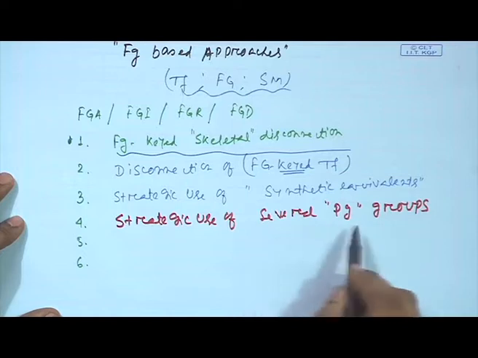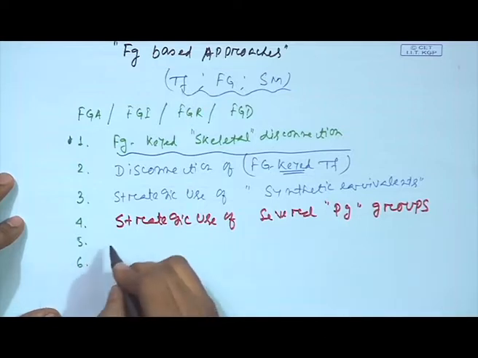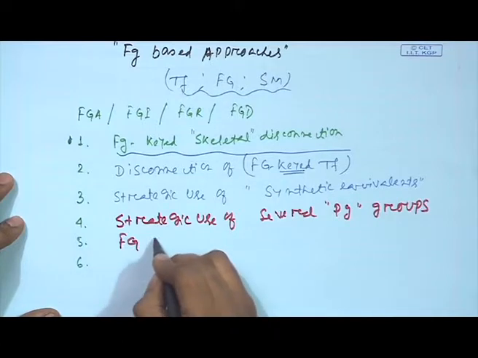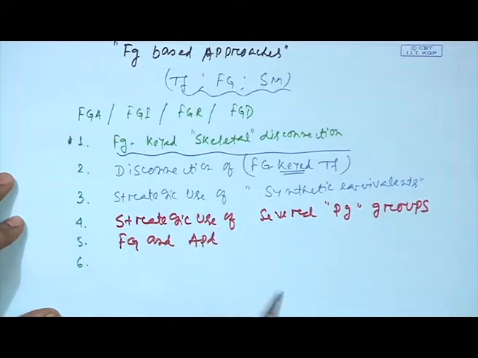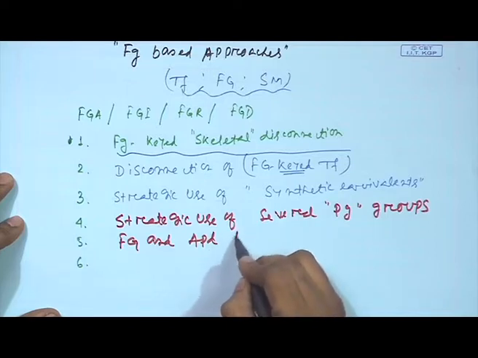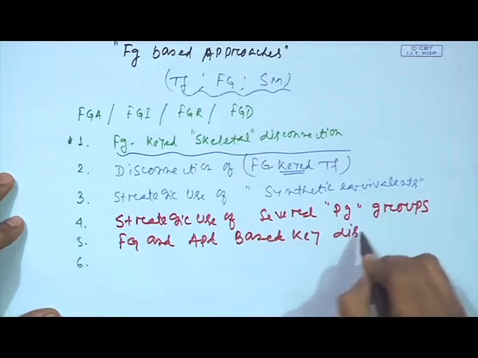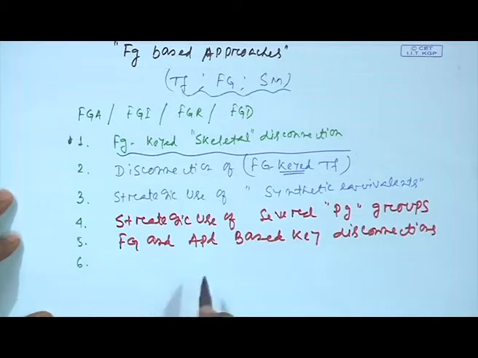We already discussed what protecting groups are, and a few protecting group based transformations. Finally, number 5, we will talk about functional groups and appendages. Appendages are functional groups hanging off a cyclic or acyclic structure, and we will discuss appendage based disconnection, that is, how an appendage can be inserted in a given molecule. Those strategies have already been talked about with examples.